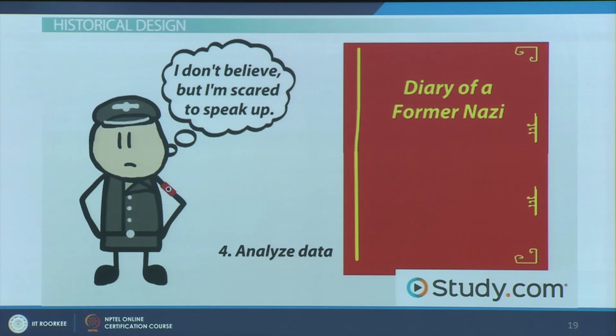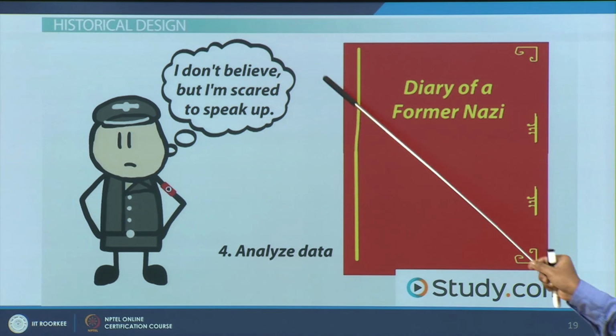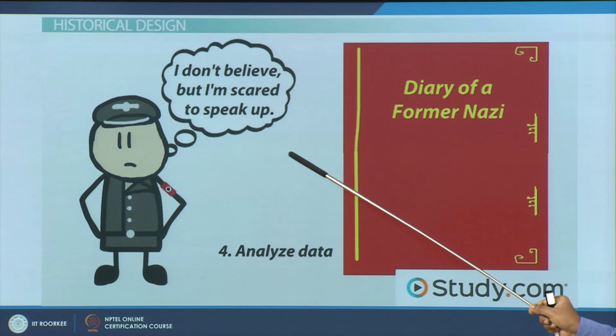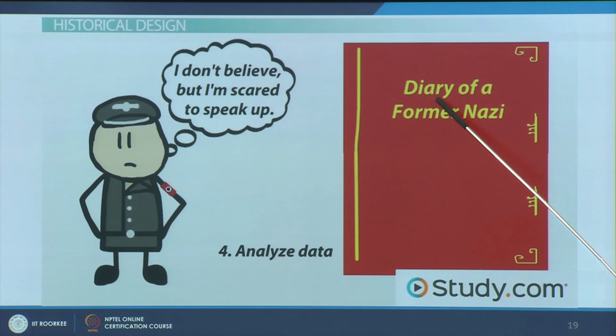Now let us move to something called, although it is not discussed much, historical design. If you can see the example, this is a diary of a former Nazi, where he writes his autobiography.